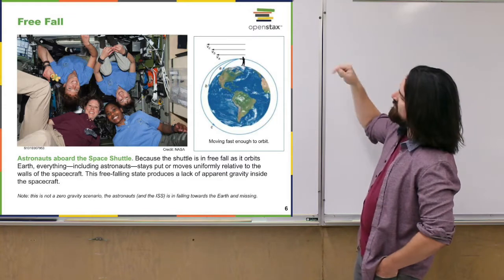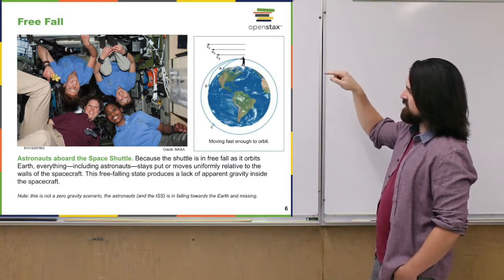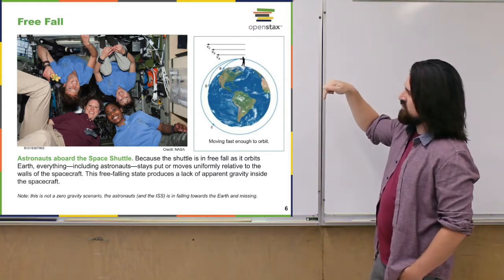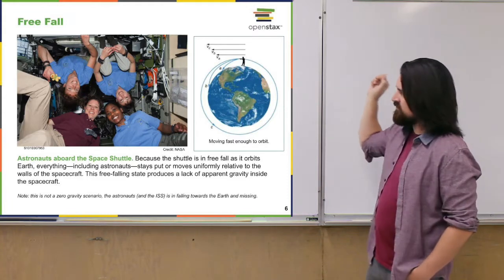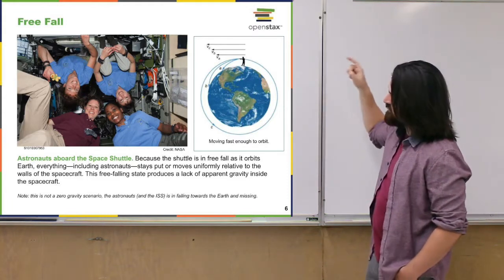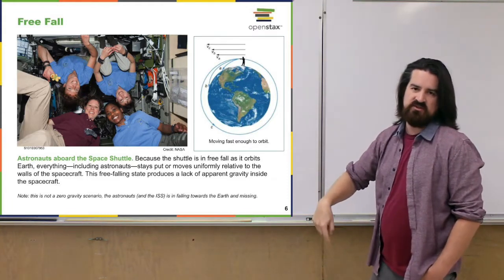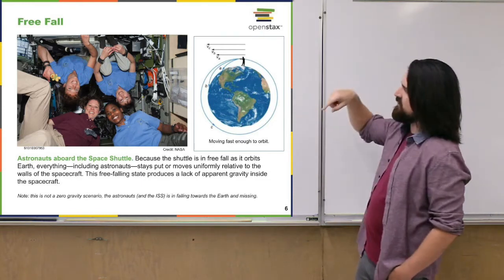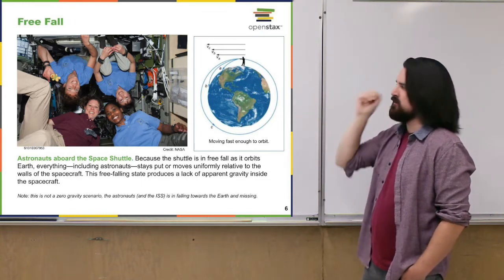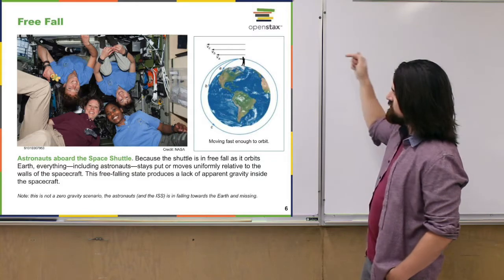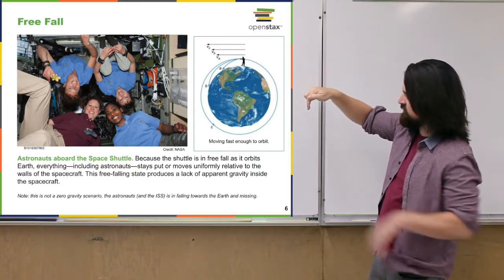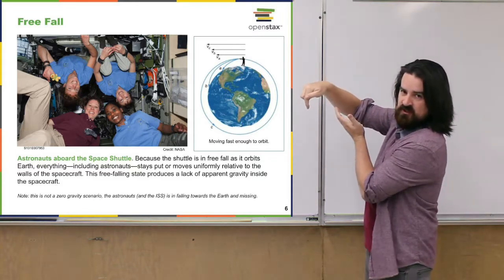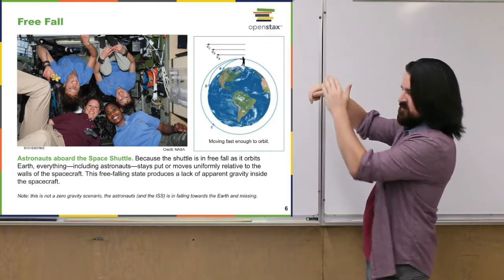So you throw it pretty fast, that's like the A, it goes far but it drops, right? You throw it a lot faster, like in B, it goes really far but it still eventually drops into the ground. You throw it fast enough, 8 kilometers per second, then it's going so fast that as it drops, the curvature of the Earth is dropping as well, or the surface of the Earth is dropping because it's curved.